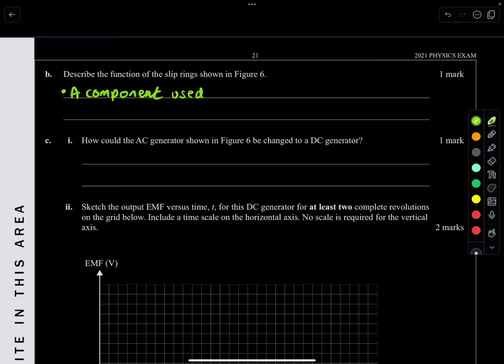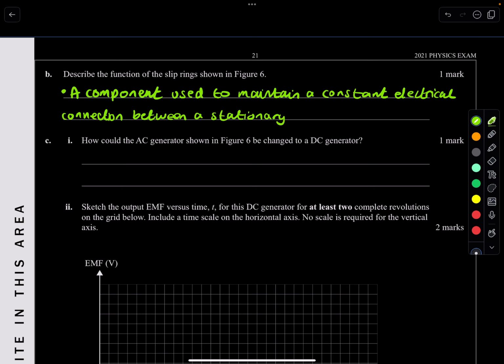So it's a component used to maintain a constant electrical connection between a stationary external circuit and a rotating coil. Beautiful.